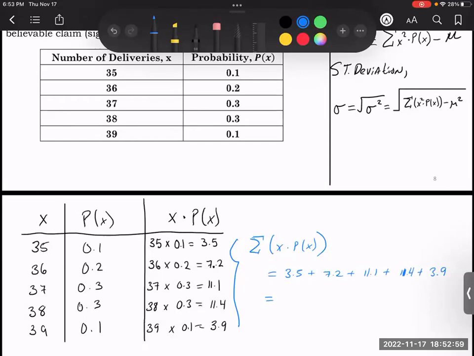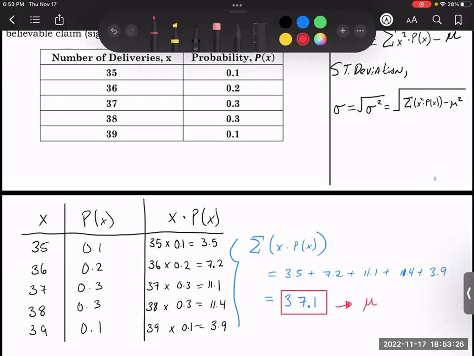I see somebody has an answer in the chat. Let me just double check: 3.5 plus 7.2 plus 11.1 plus 11.4 plus 3.9. Yes, the mean is going to be 37.1. Okay, so that is your mean.